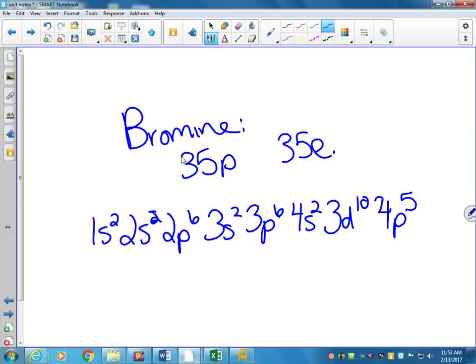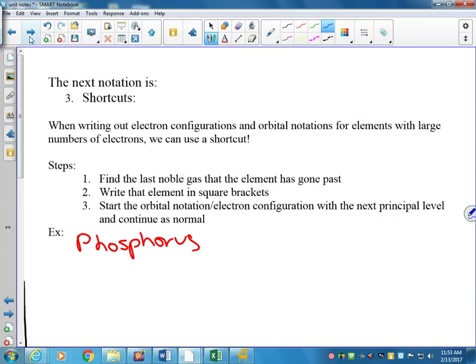So, let's move on to a shortcut method, because I know you guys prefer shortcut methods. This shortcut method can be used for both orbital notation and electron configuration. Shortcuts are used when you have full shells or full energy levels.